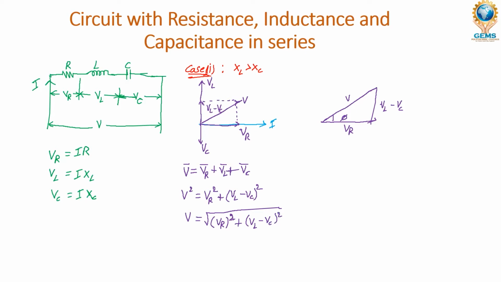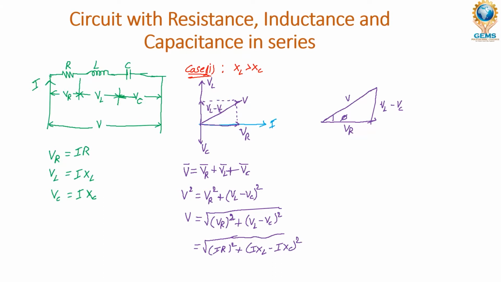If we substitute the values, VR equals I into R, whole square, plus VL equals I into XL, minus VC equals I into XC, like this.